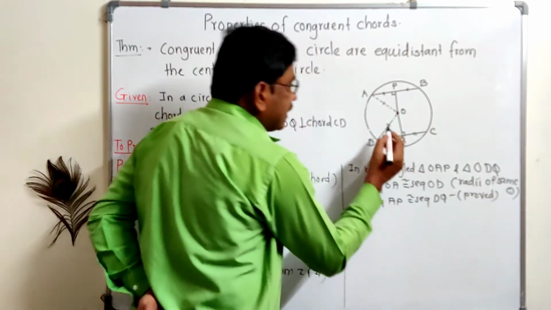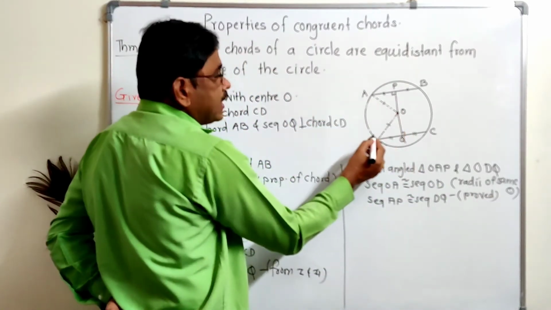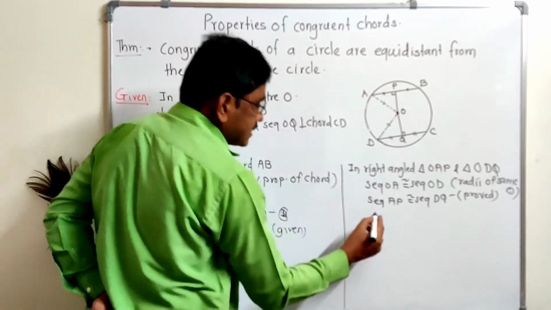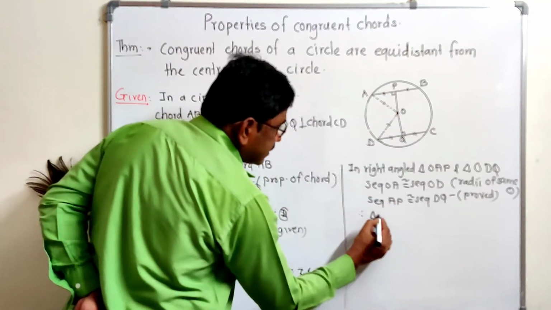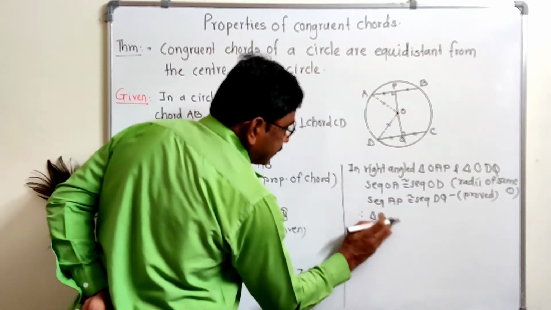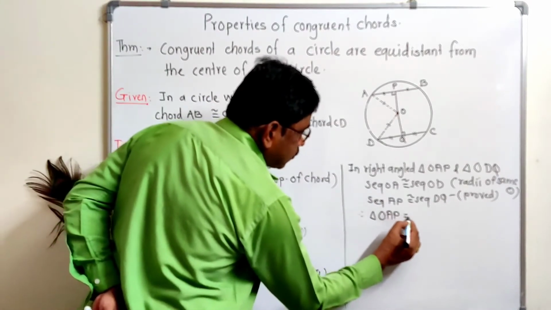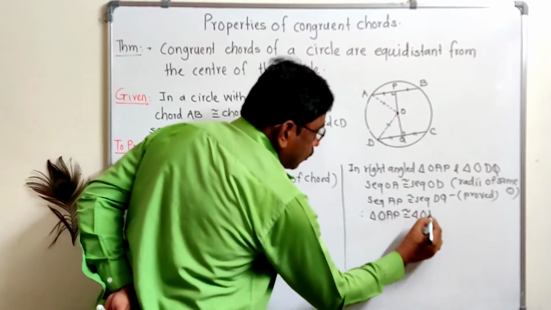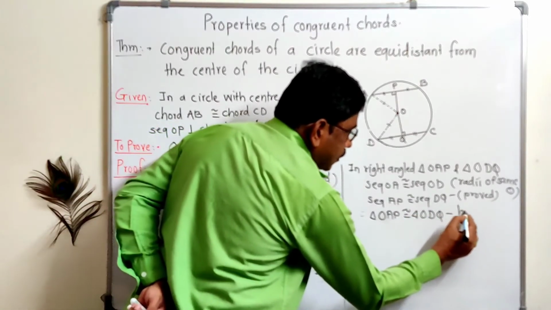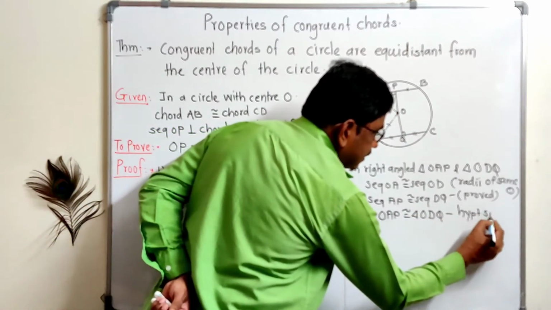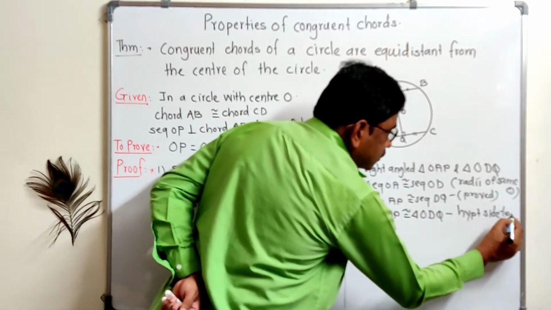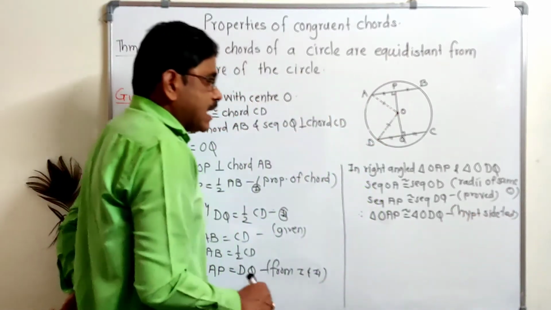So in a right angle triangle, this OA and OD, these are the hypotenuse and these are sides, and therefore these two triangles, triangle OAP is congruent to triangle ODQ by hypotenuse side test.